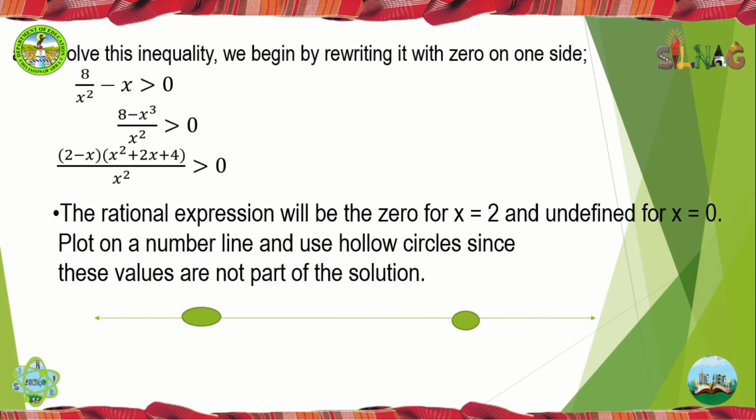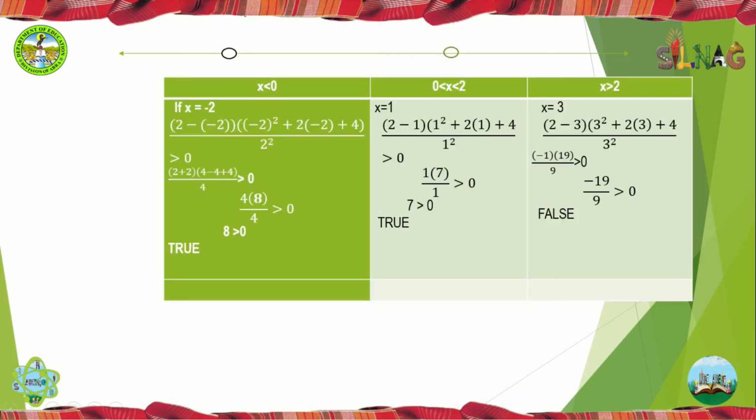So we have the number line now, and we will use a hollow circle or an empty circle. So we have our number line and we have empty circles at 0 and 2 because they do not satisfy the given inequality.